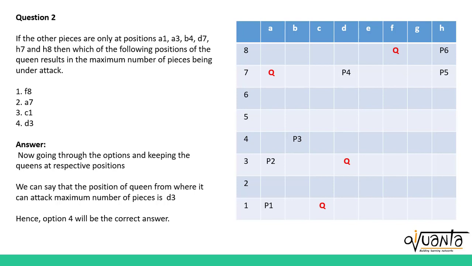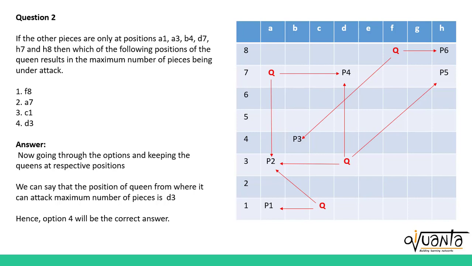So from the first option F8, the queen can attack P6 and P3. From the position A7, it can attack P4 and P2. From C1, it can attack P1 and P2. From the last D3 position, it can attack P5, P4 and P2. So D3 is the position from where the queen can attack maximum number of pieces. Hence that will be the correct answer.